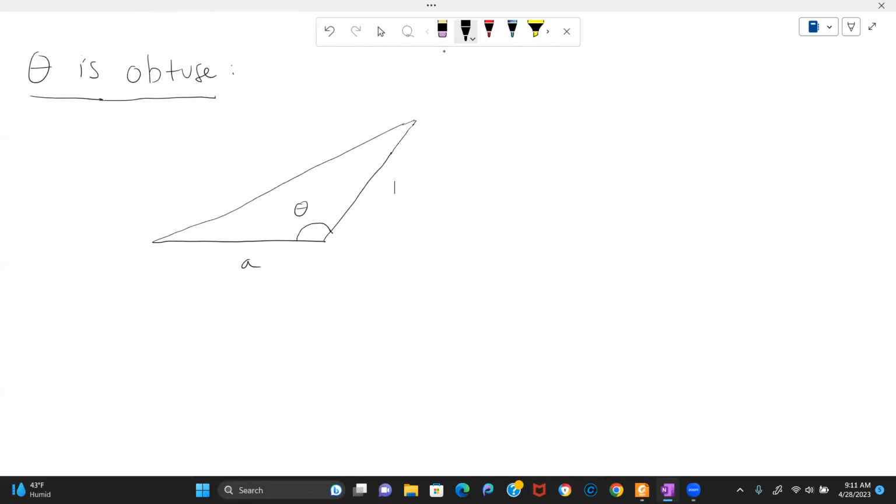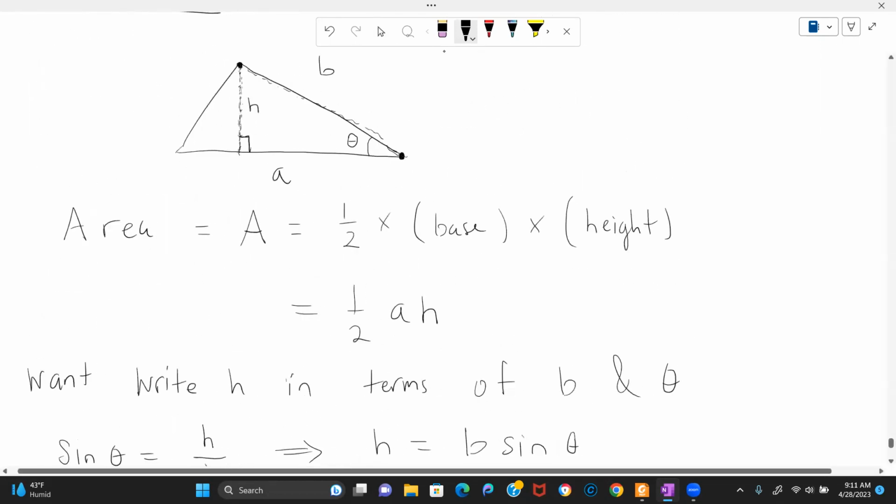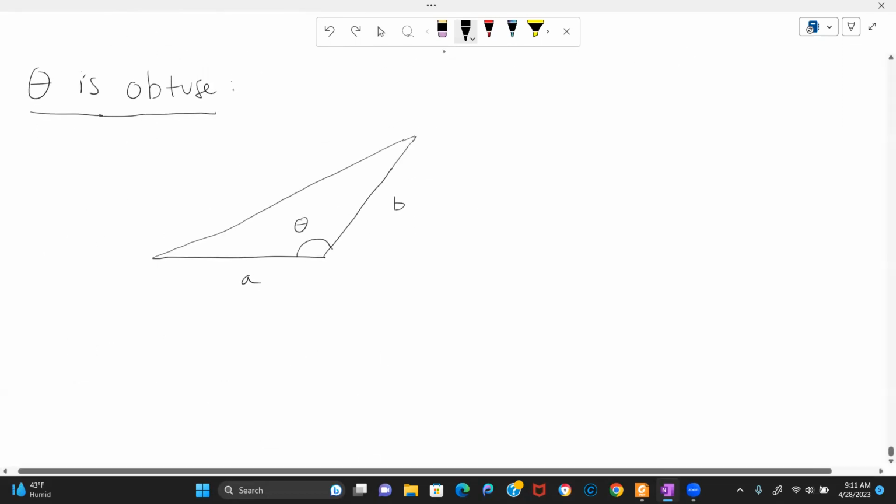And here's a and here's b. So theta is the inscribed angle between these two sides. It's the same sort of setup: we have this theta right here, inscribed between these two sides whose lengths are known.